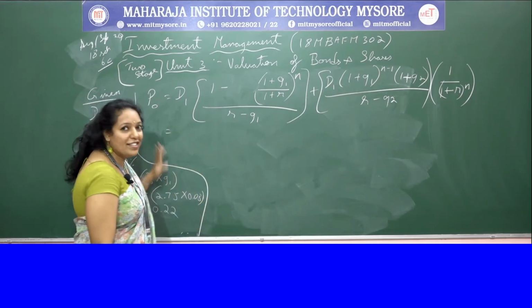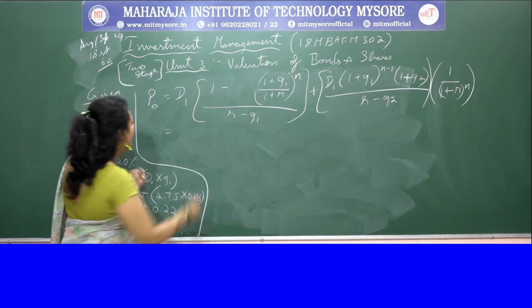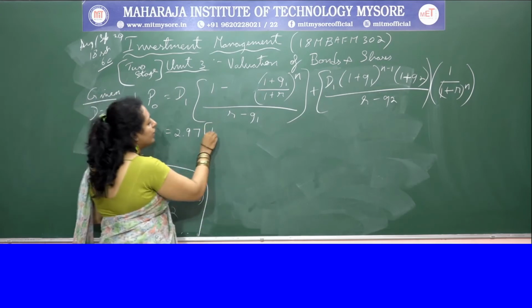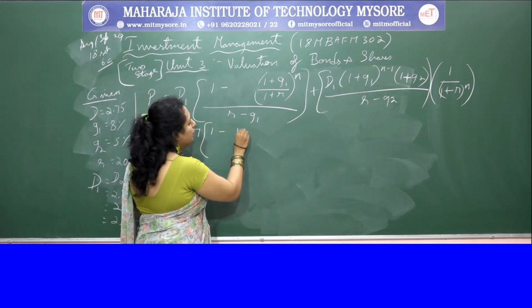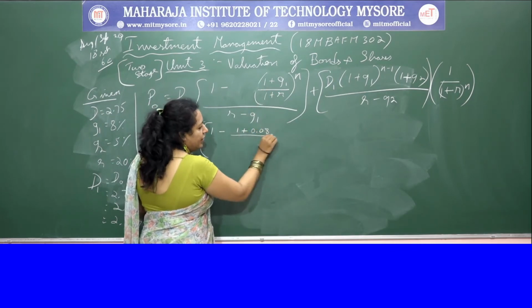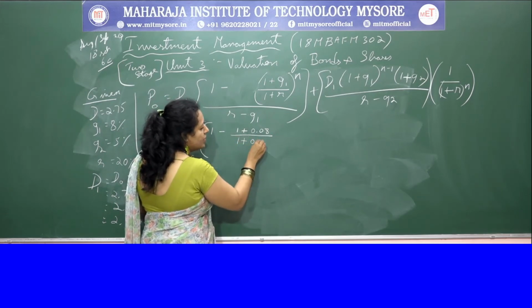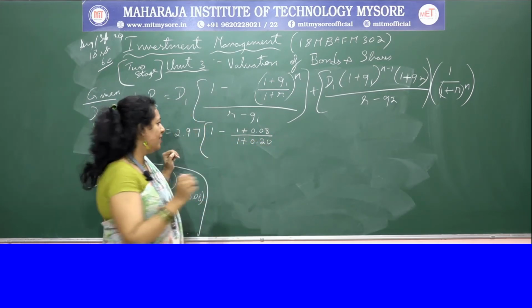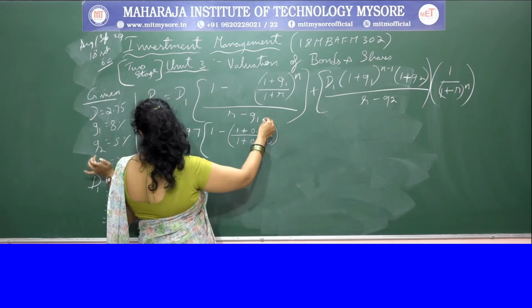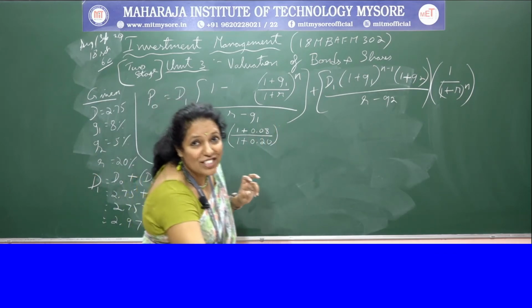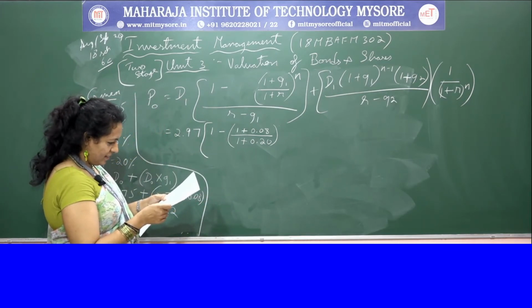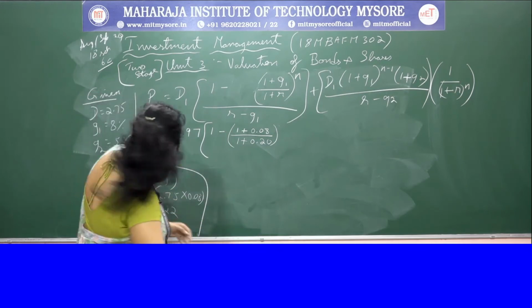So D1, just now we have calculated, I'll take this value 2.97. 1 minus (1 plus G1, G1 is 0.08, divided by 1 plus 0.20, this is the rate), I'll put the bracket for this, to the power of N. N is, I have to check in the question paper because I have not written it in the given. Next 5 years, so N is 5 years.